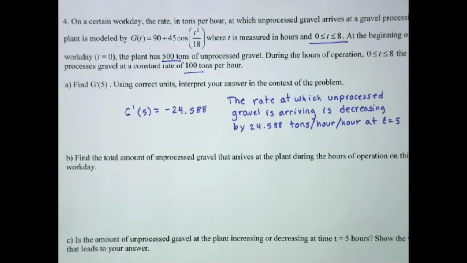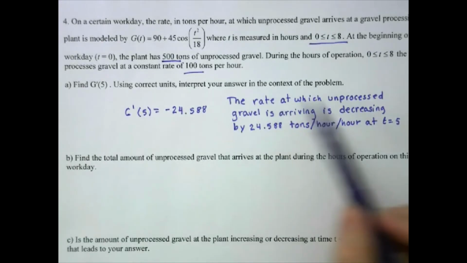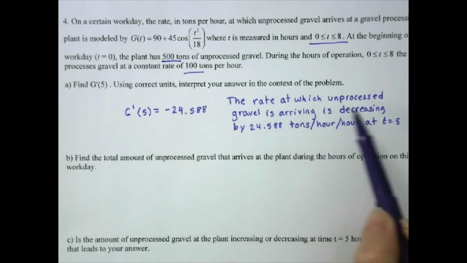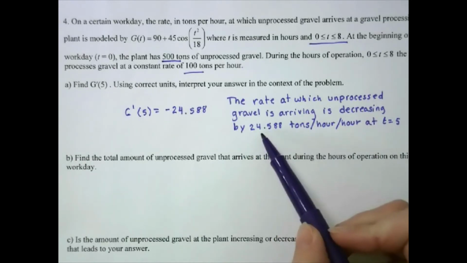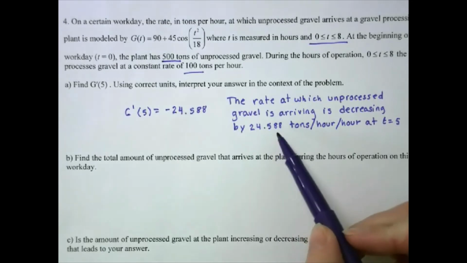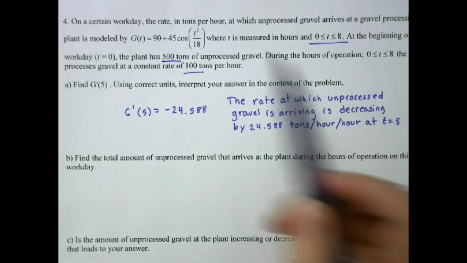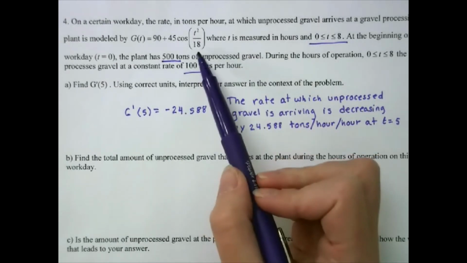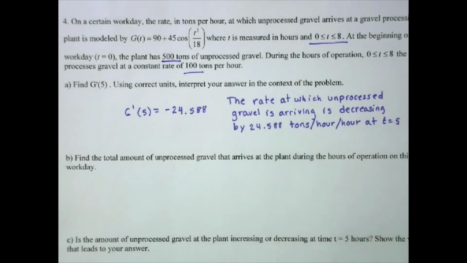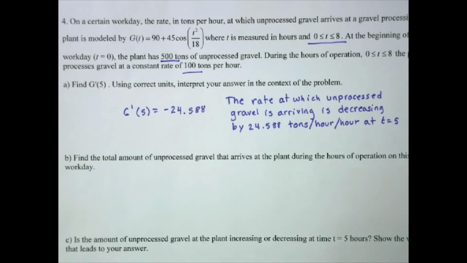So we have a rate, and we took the derivative of this. So it's the rate at which the unprocessed gravel is changing. So the rate at which the unprocessed gravel is arriving is decreasing by 24.588 tons per hour, when we take the units here, which were tons per hour, and then we're looking at that rate of change. Okay, and always include the time, so at t equals 5.